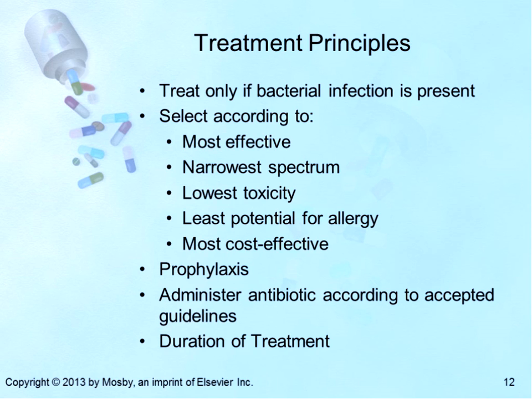The wider spectrum antibacterial that we choose, the greater the alteration in the normal flora and the greater the risk of superinfection. A perfect example of this is C. diff colitis. We kill off the normal bacteria and the C. diff takes over. We choose an antibiotic with a narrow spectrum that is effective against the organism causing the infection.